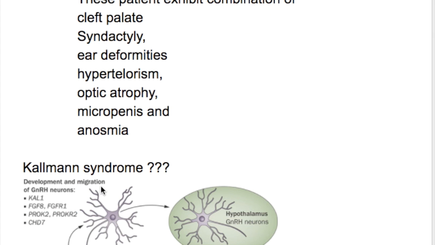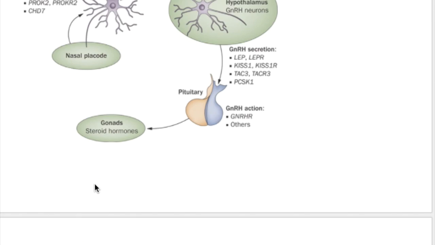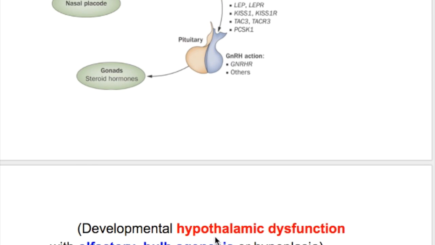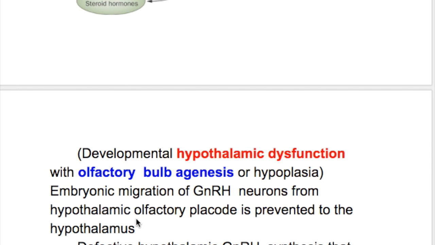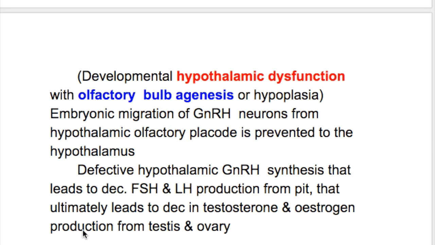What's Kallmann syndrome? Kallmann syndrome is a developmental hypothalamic dysfunction with olfactory bulb agenesis or hypogenesis and is due to a mutation in the chromosome. The embryonic migration of gonadotropin releasing hormone neurons from the olfactory placode to the hypothalamus is prevented.